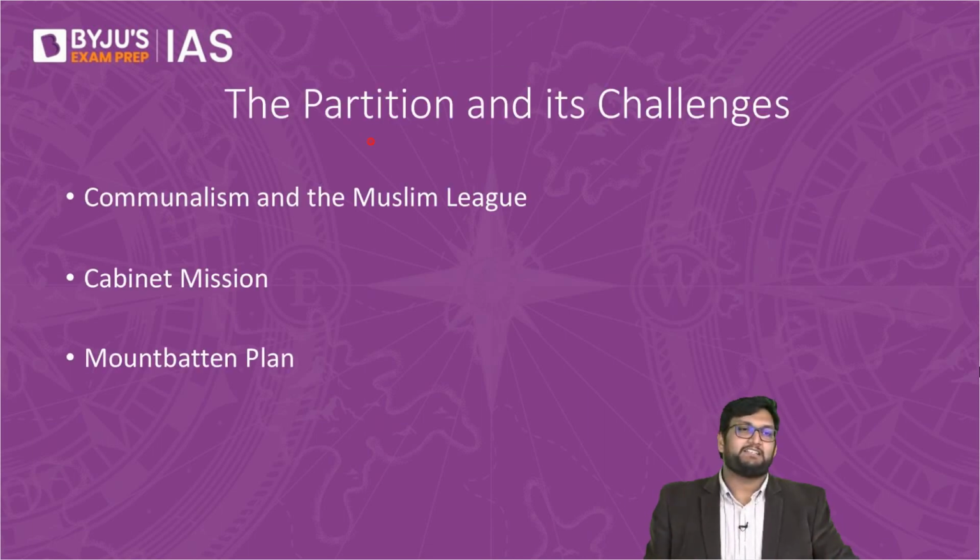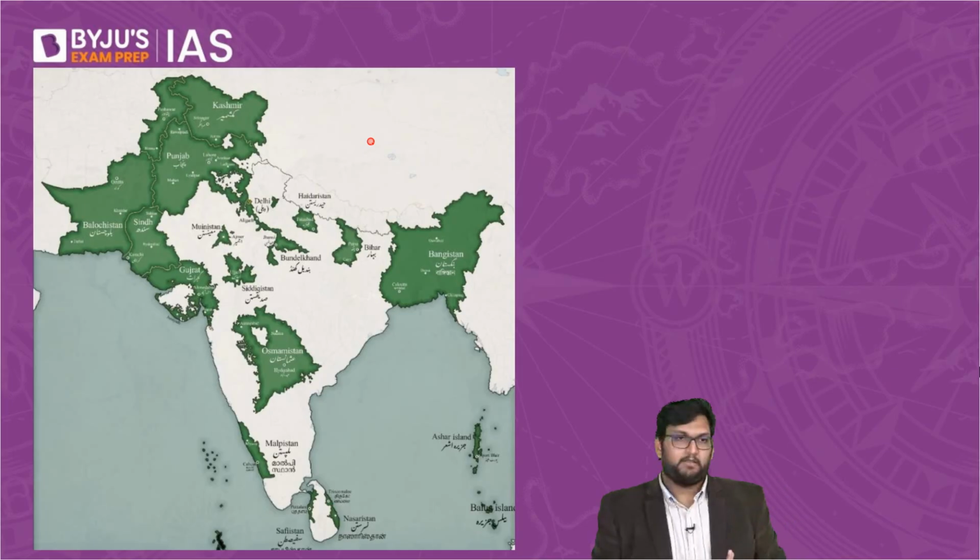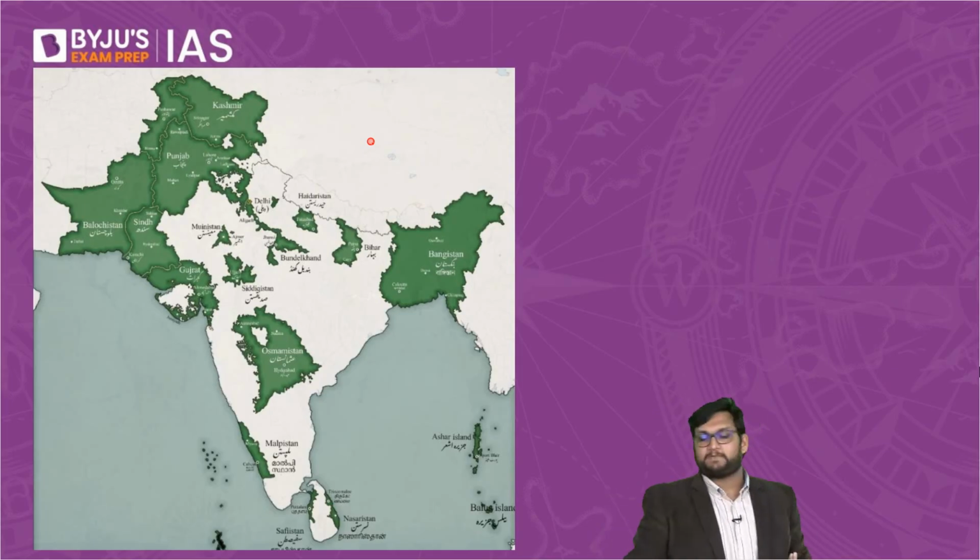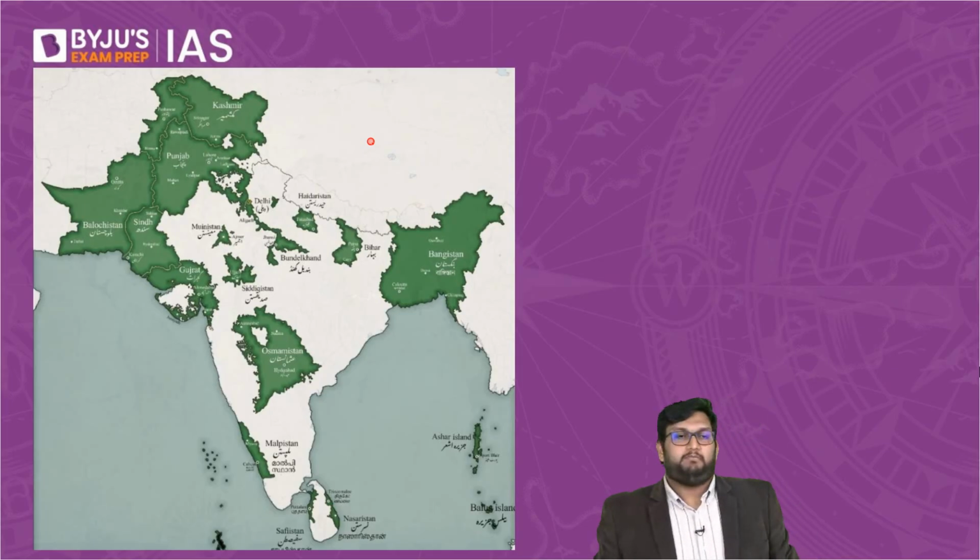Now, India, we know that this was Jinnah's conception of Pakistan. We don't know what he was drinking or eating when he was coming up with this. This was the cabinet mission plan. This was the cabinet mission answer.